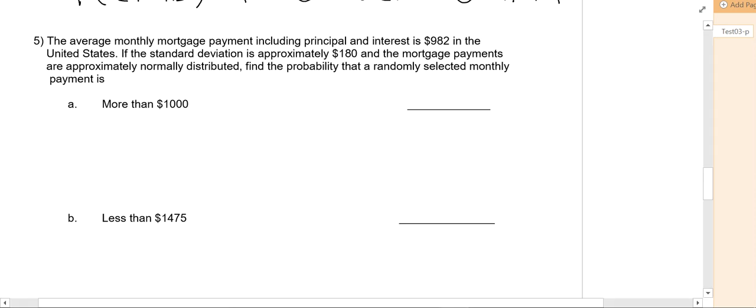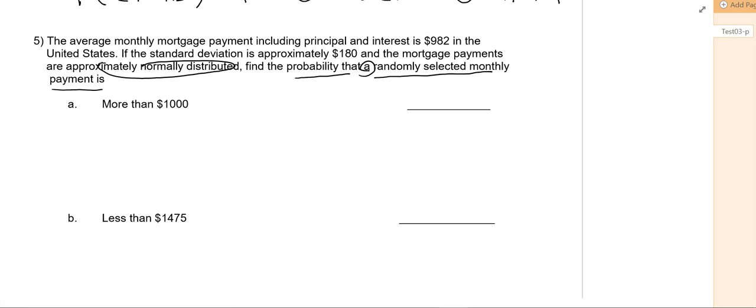If you look at the question, find the probability that a randomly selected monthly payment is more than $1,000. So I am looking at a single outcome or member of the population that happens to be normally distributed. So I am working with a normally distributed random variable.